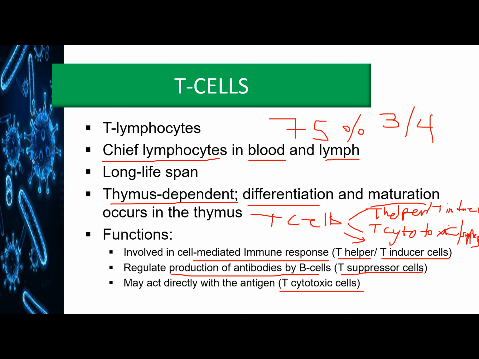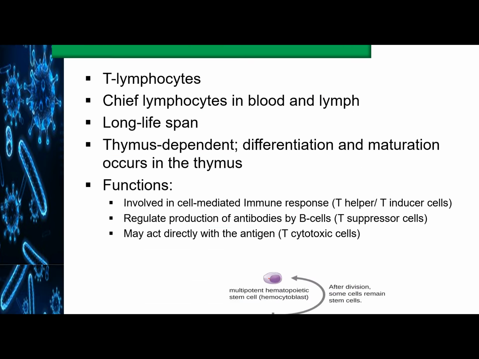T helper or T inducer is involved in cell-mediated immune response. T suppressor regulates production of antibodies. T cytotoxic acts directly with the antigen. So, depending on the type of T cell, they have different functions: T helper or inducer is involved in cell-mediated immunity, T suppressor regulates production of antibodies, and T cytotoxic may act directly with the antigen.